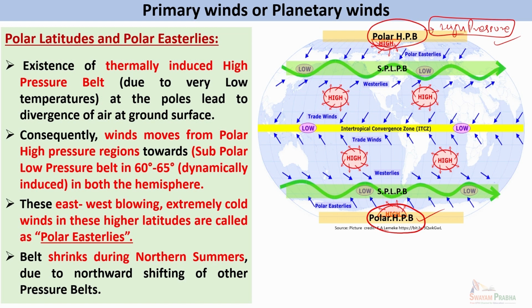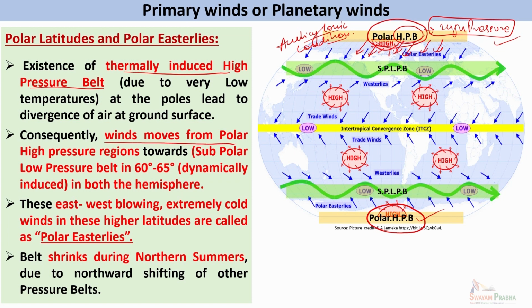And both the high pressure belts in both the hemispheres are thermally induced, and because of the high pressure existing near the ground, the winds diverge. They blow out from these areas near the ground surface because of the anticyclonic conditions near the ground surface.